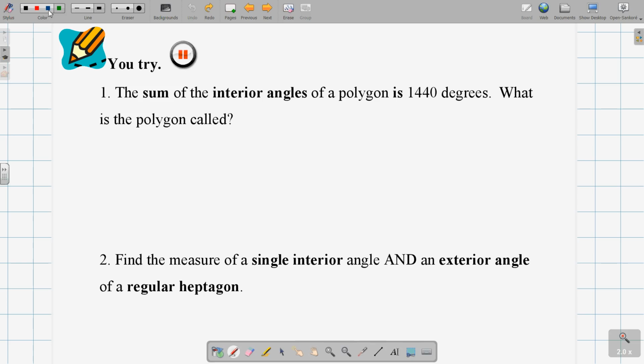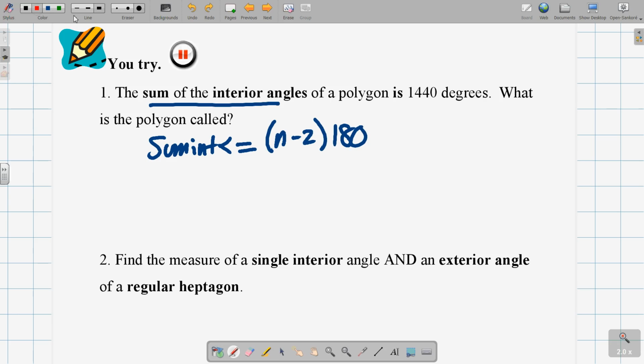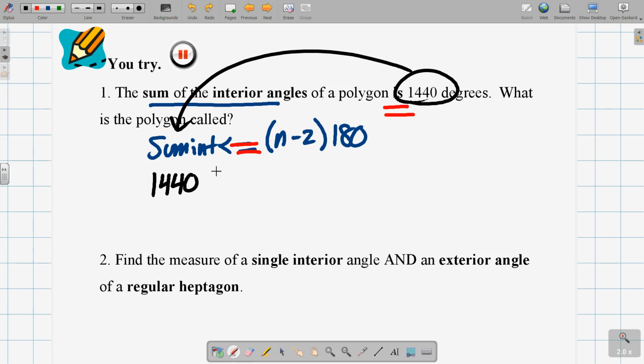Alrighty, guys, let's see. The sum of the interior angles, so I'm going to write the equation. Sum interior angles is sides minus 2 times 180. And it is, that's our equal sign, 1440. That goes over on this side. 1440 equals n minus 2 times 180.